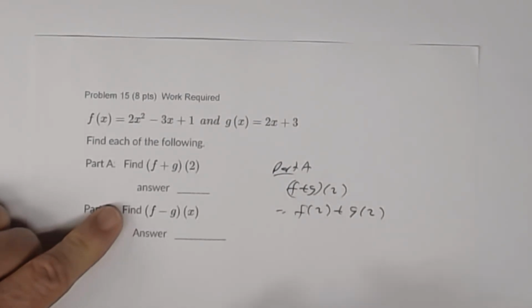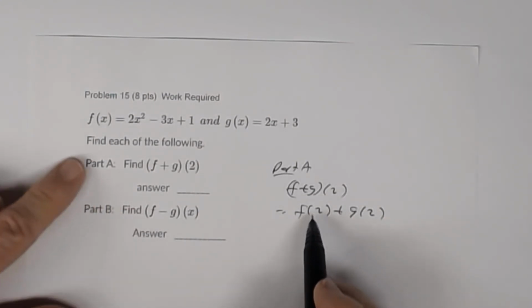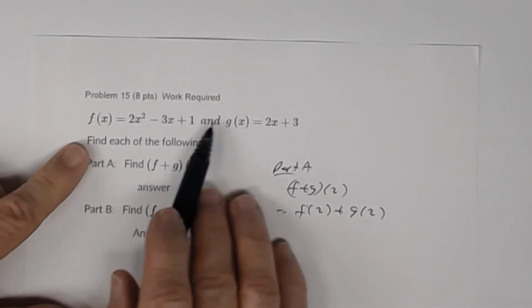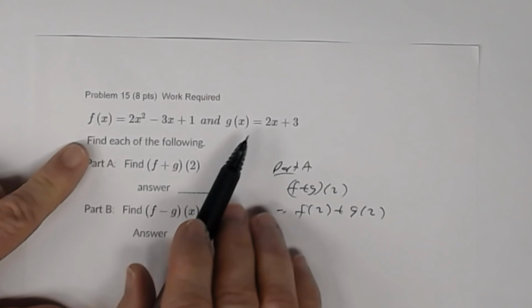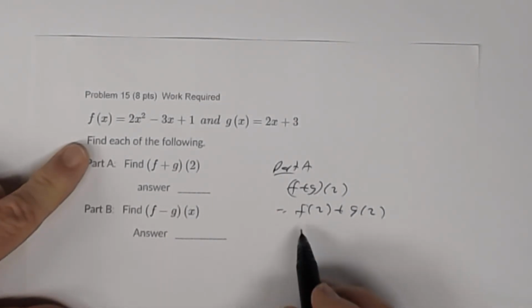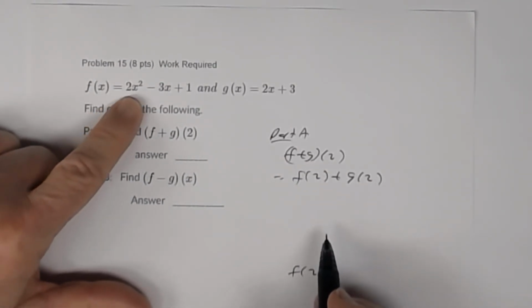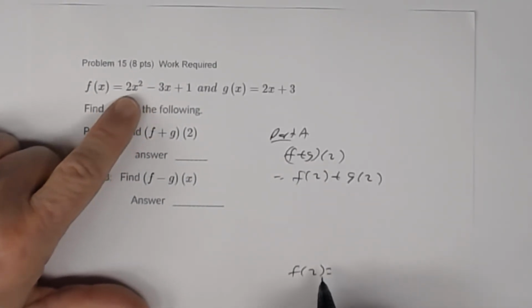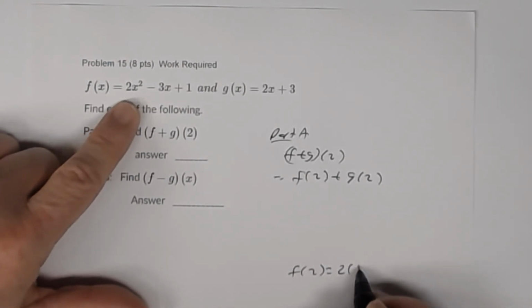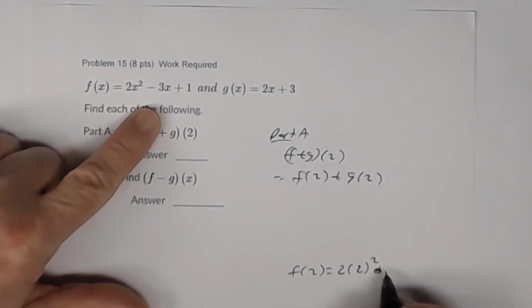So now we have to find what f of 2 is. Here's my function f and here's my function g. To find f of 2, you go to your function f, and where you see the variable x, you substitute 2. That becomes 2 times 2 squared minus 3 times 2 plus 1.